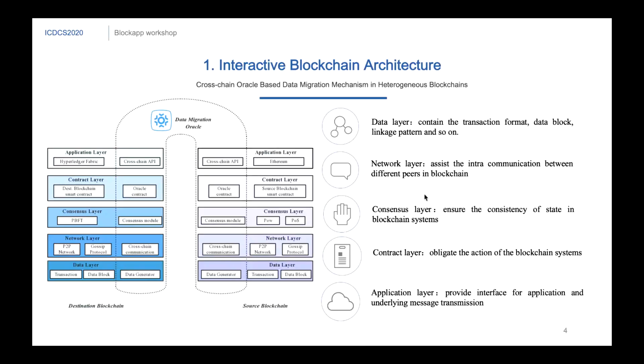The code contains a set of rules under which the parties of the smart contract agree to interact with each other. They can be used to formalize simple agreements between two parties and by law of an organization. And the last one is the application layer. It provides an interface for application and underlying message transmission. When cross-chain data migration is taken, the interface in the application shall support the data transmission from the underlying network.